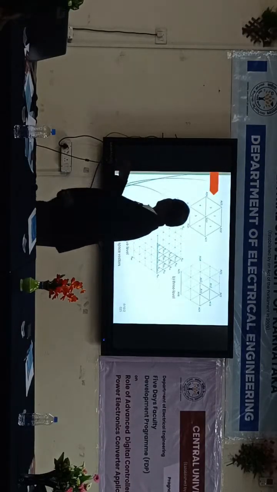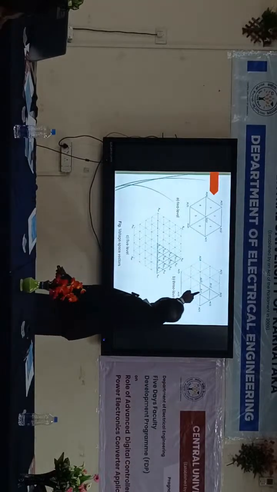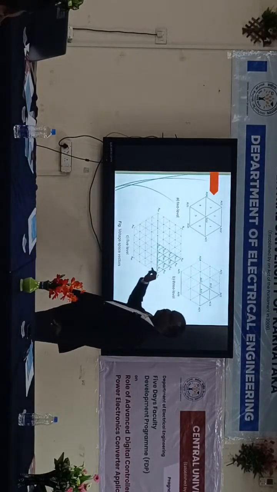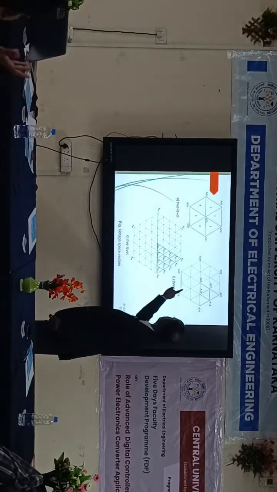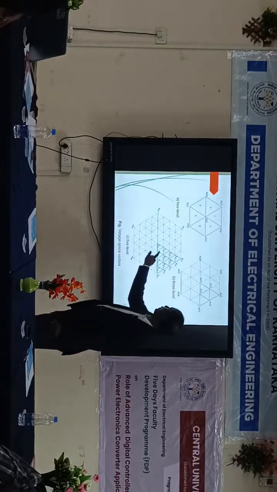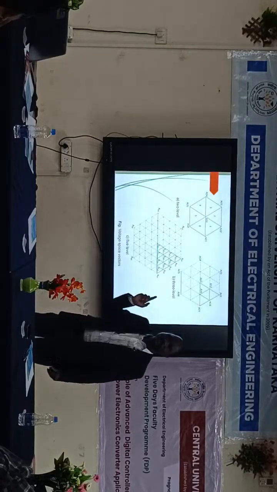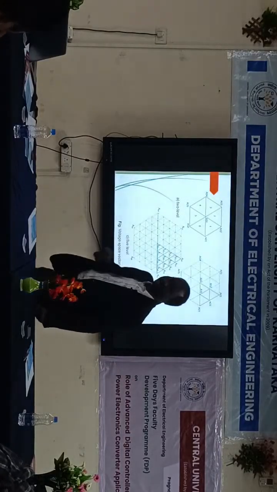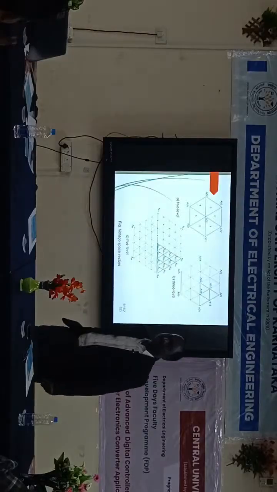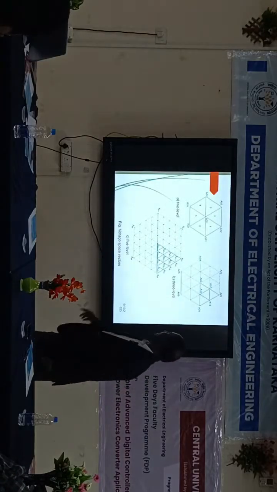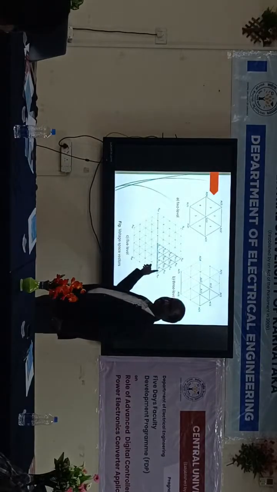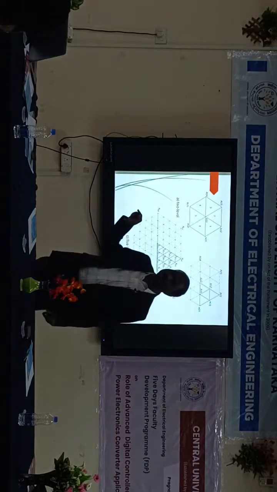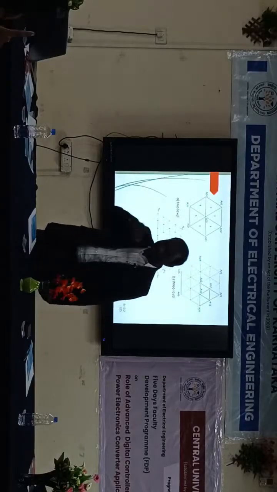If I include a triangle in each and every triangle, what is the level? 1, 2, 3, 4. You see here 1, 2, 3, 4. What is the level? 5. Again in each triangle I included a triangle, and it becomes 8 and 9 level.